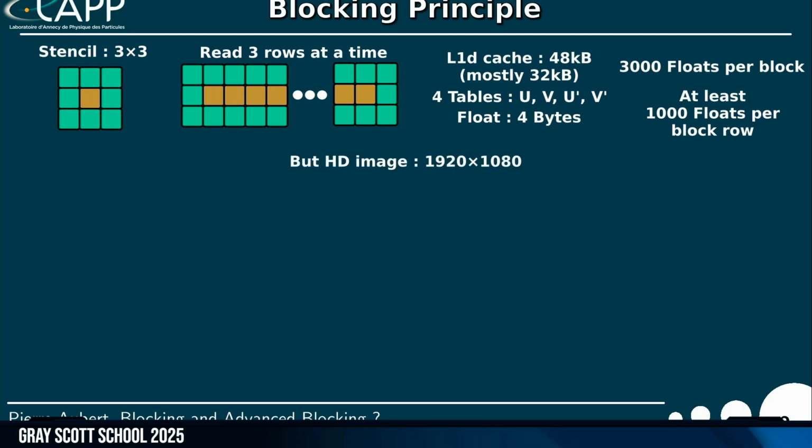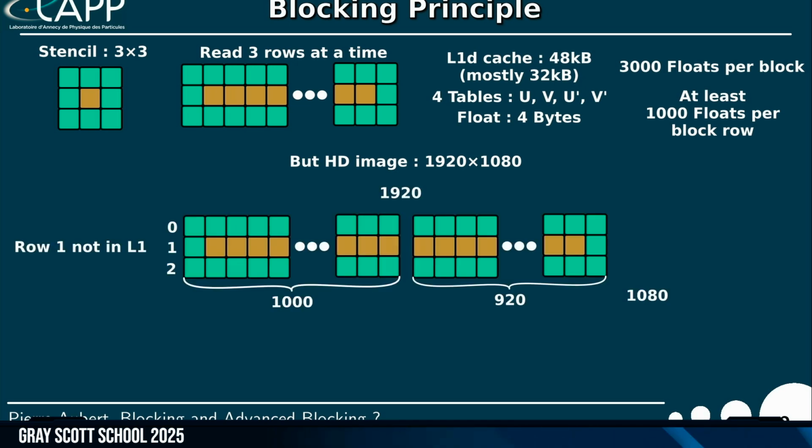And of course, we compute in full HD, so it's 1920 by 1080. So of course, it's bigger than 1,000. We have a problem. We have the first 1,000 pixels in the L1, and then we have the 920 pixels in the L1 after that.